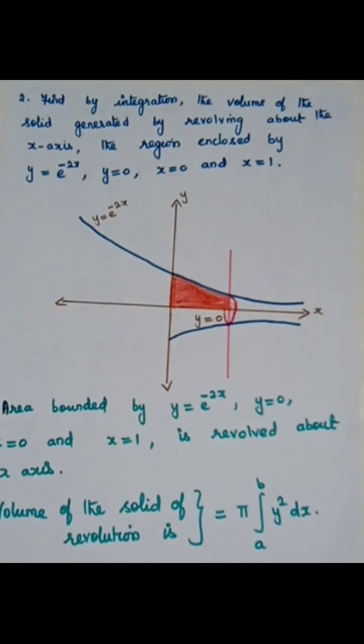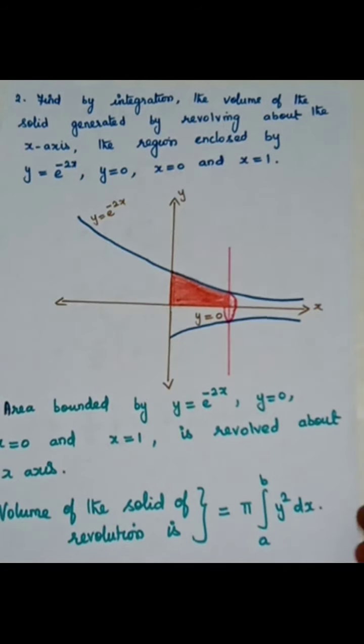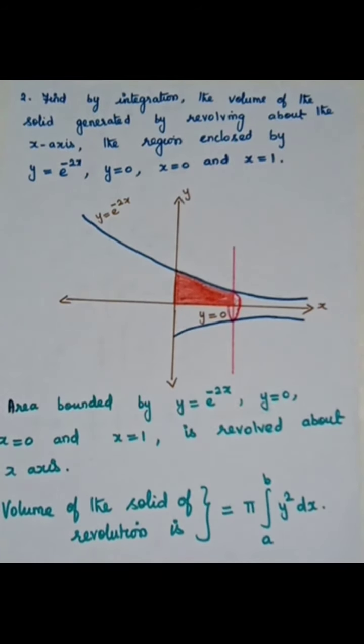And next one, the second one: find by integration the volume of the solid generated by revolving about the x-axis the region enclosed by y is equal to e power minus 2x, y equal to 0, x equal to 0 and x is equal to 1.